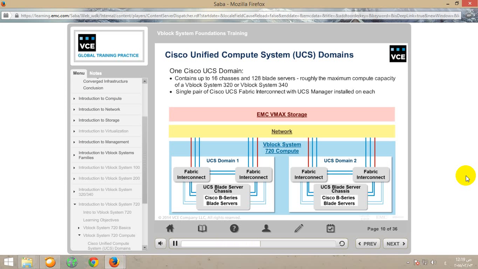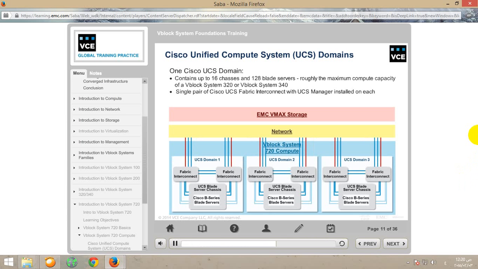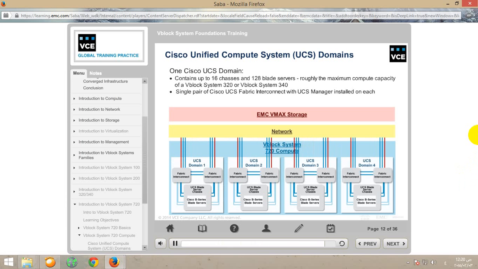Basically, this is what customers can purchase on a single VBlock System 720. Customers can purchase a VBlock System 720 with one domain, or they can purchase a VBlock System 720 with two domains like you see here. And if the purchaser needs more compute capacity, they can add a third UCS domain, or a fourth domain.